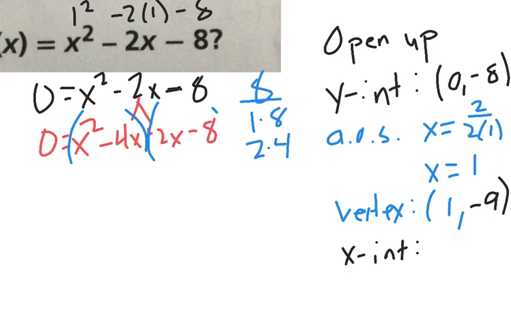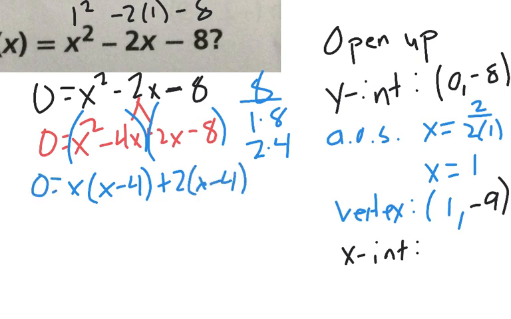GCF of the first parenthesis is x. That leaves me with x minus 4. GCF of the second parenthesis is 2. That leaves me with x minus 4. This factors to be what's in front of the parentheses times the matching parenthesis.